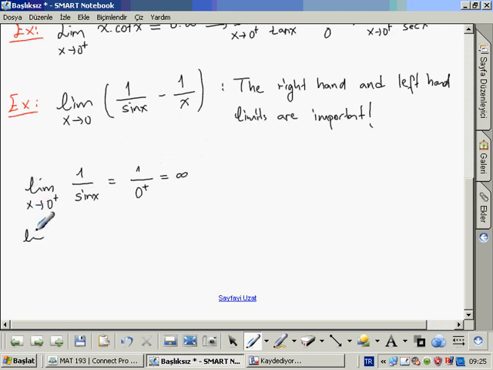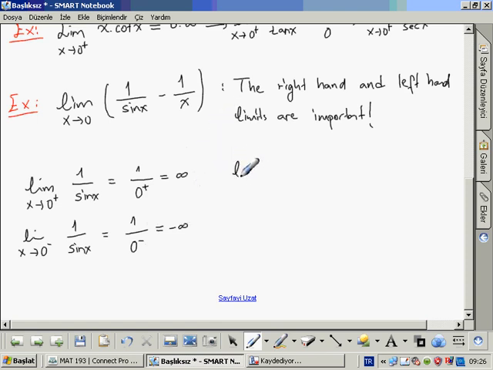And the limit x equals to 0 from the left hand side, 1 over sine x, that means it will be 1 over negative 0, minus 0.000001, so it will be minus infinity. These are different.